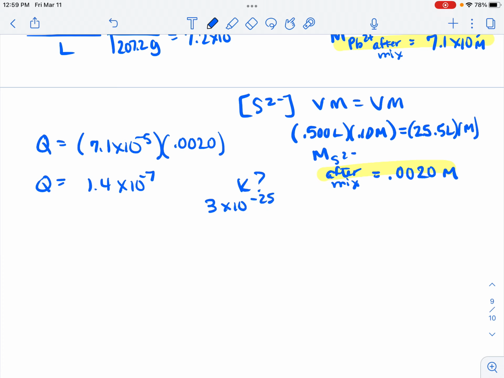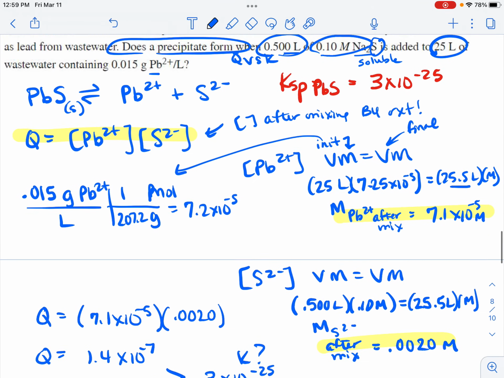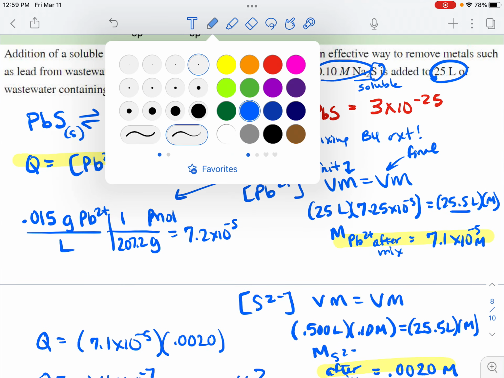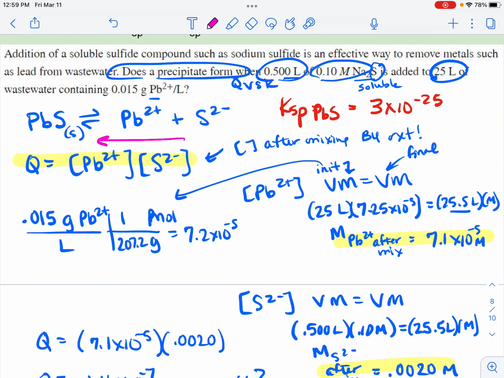So now I know Q is this, and K is 3 times 10 to the negative 25th. Q is definitely larger than K, which means that I have too many products, which means the reaction has got to go left. And when I look at my equation, if my reaction goes left, it's going to form the solid.